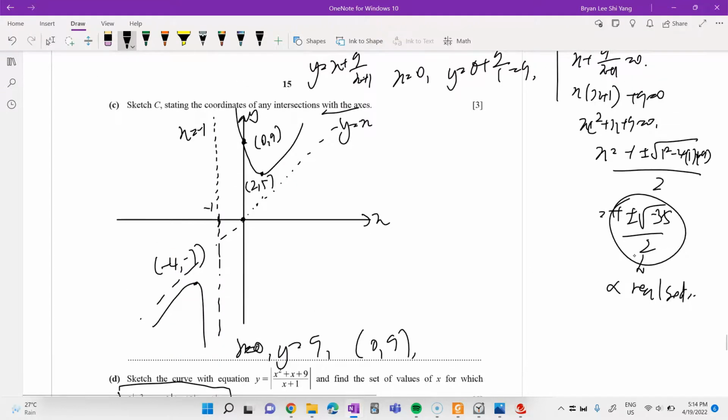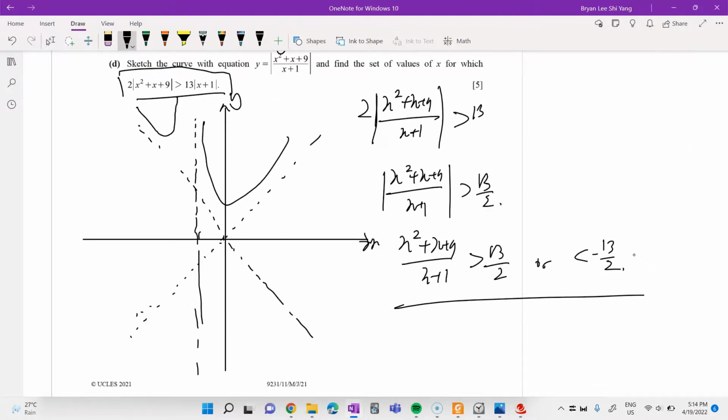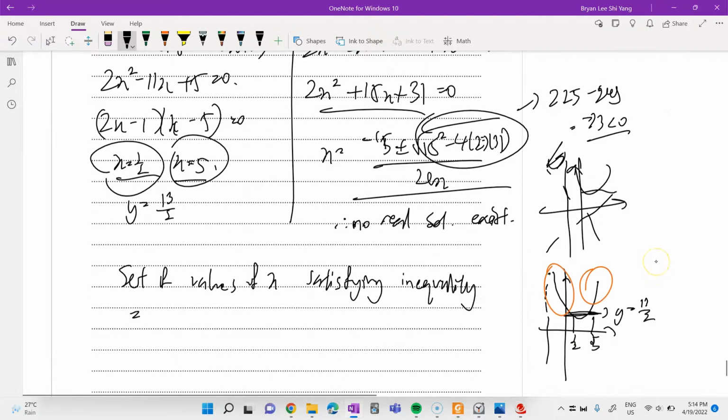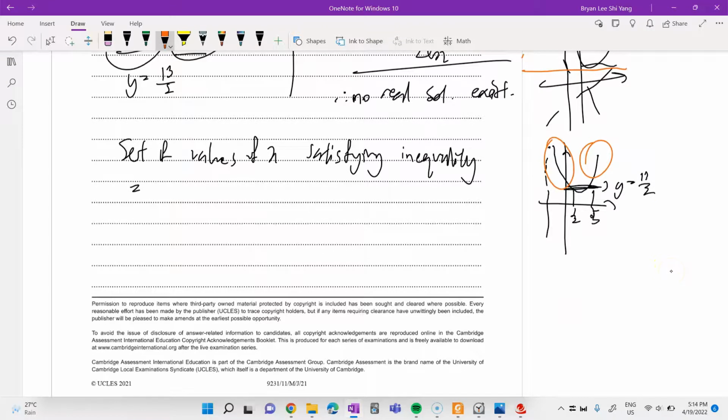What's the minimum point again? -4, -7. So yeah, not to forget that this whole part actually lies above this line, so I can just include the whole part. So the range between 1/2 and 5 is rejected, so the only parts that I want are x is smaller than half, I cannot include 1/2, and x is larger than 5.